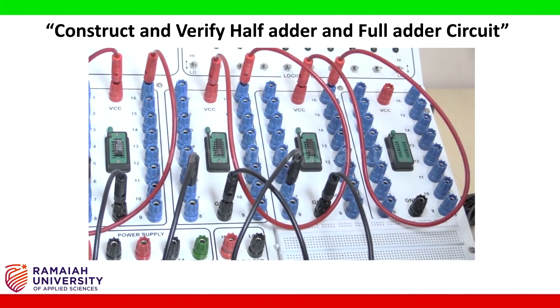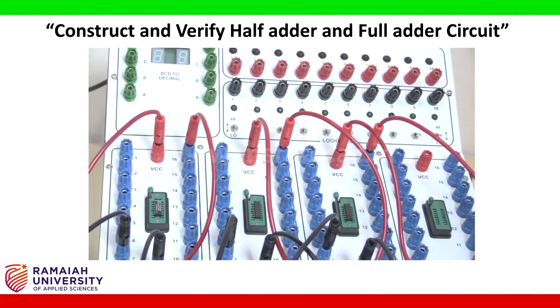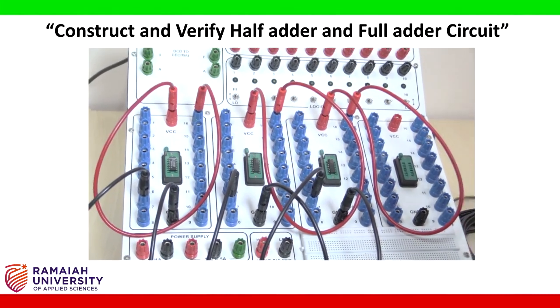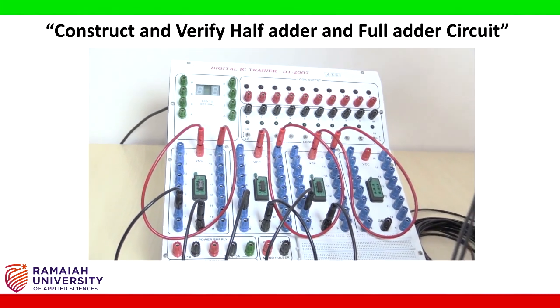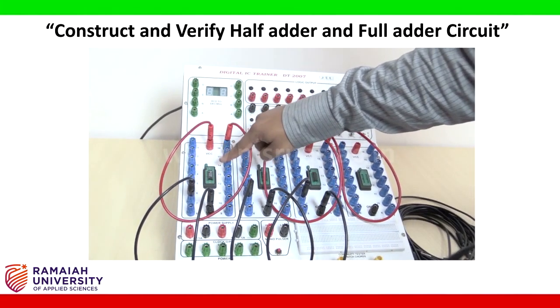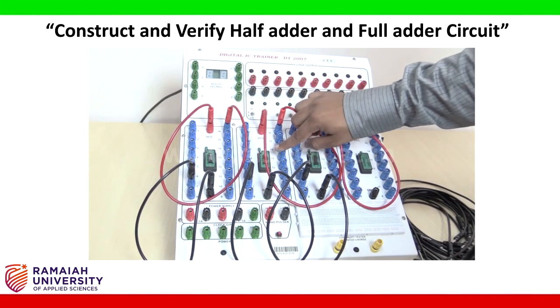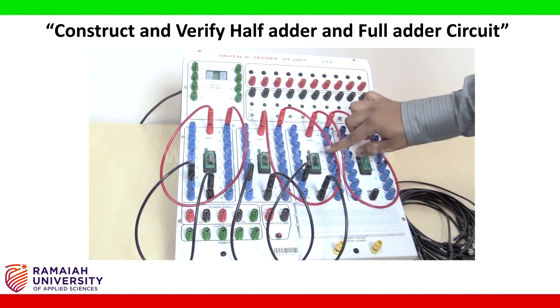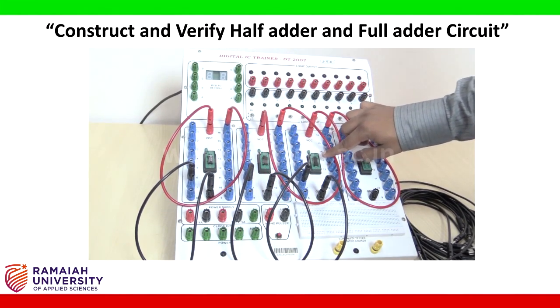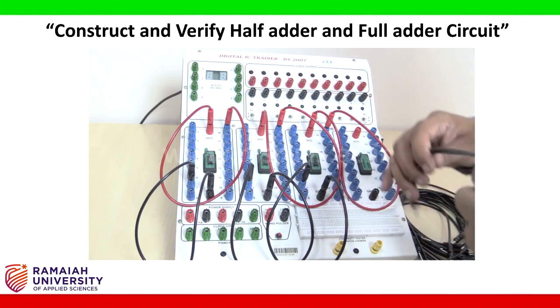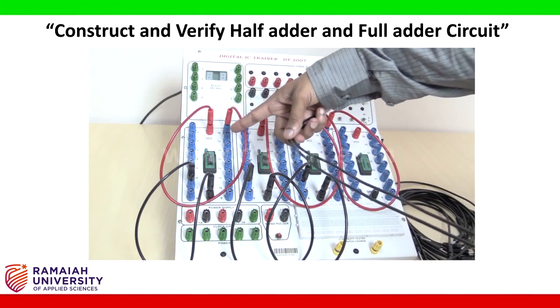Now as per the pin diagram, we have to choose the inputs of the AND gates properly. The first IC base represents AND gate, the second IC base represents NOT gate, and the third IC base represents OR gate. Now let us start with AND gate.